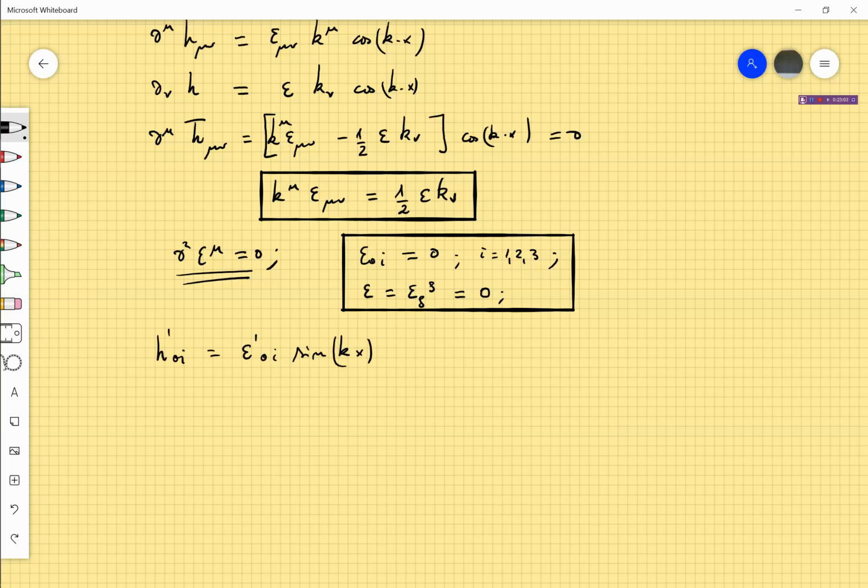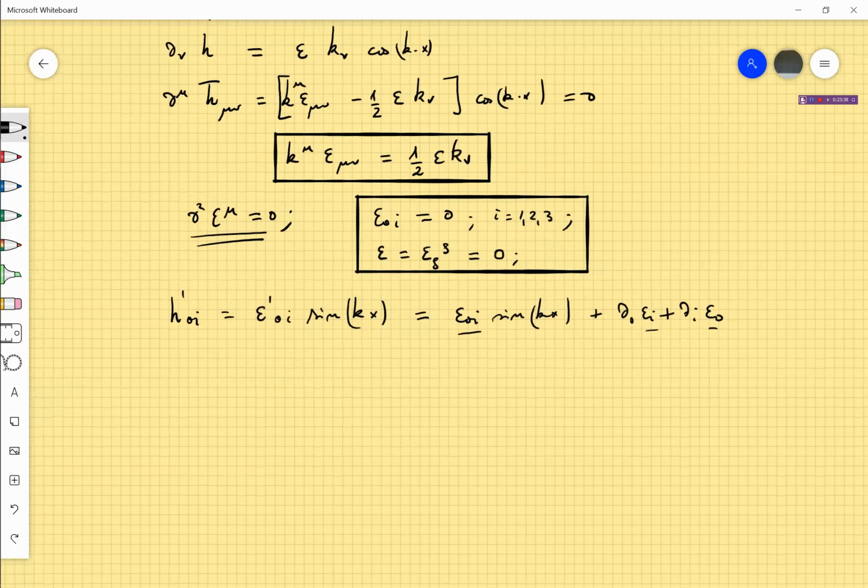But you know that this is the original field epsilon 0 i with this sine, plus partial 0 epsilon i, plus partial i epsilon 0. Now, there are too many epsilons here. Those with two indices are clearly polarization tensors, and these are the parameters of the gauge transformation.